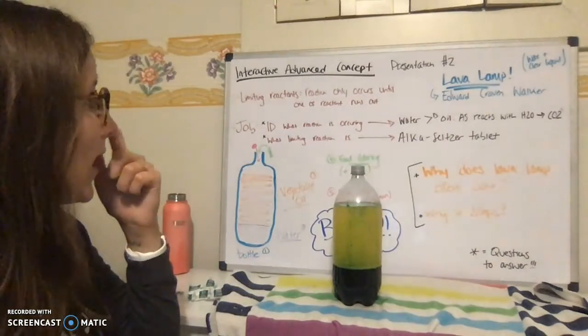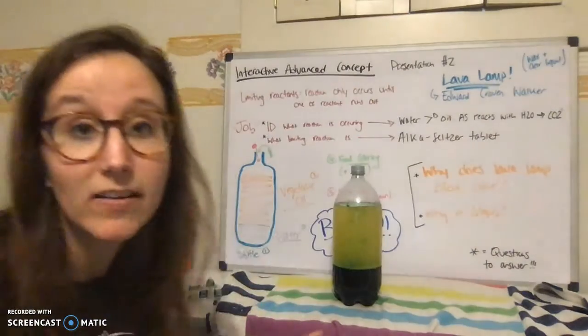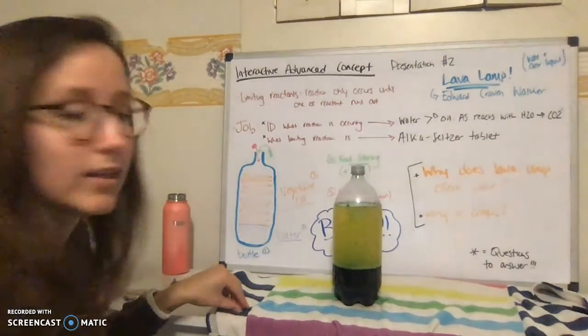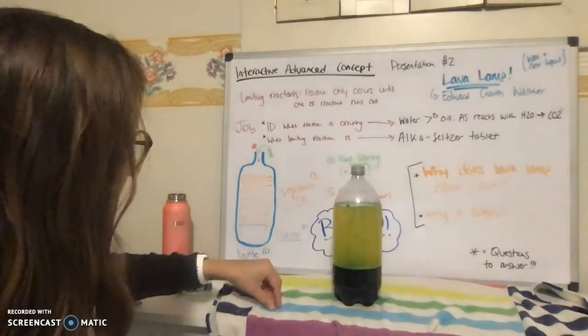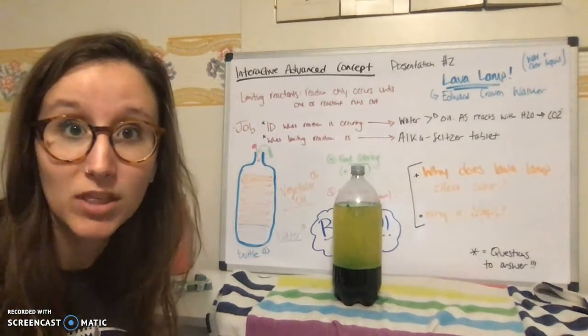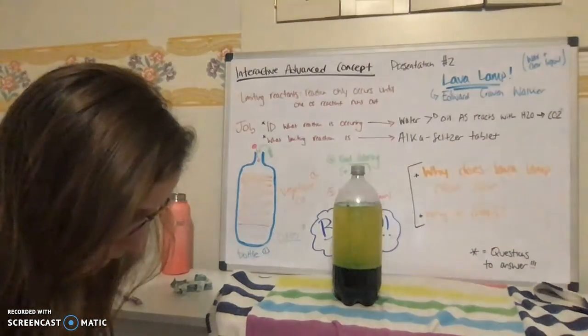When I was looking this up on the video, it said Alka-Seltzer usually lasts 5 to 10 minutes. We could double that since I put in 2, but they were a little smaller, so it'll probably be around 5 to 10 minutes anyway. When the Alka-Seltzer is done reacting with the water and it's all gone, then the lava lamp effect will stop occurring.